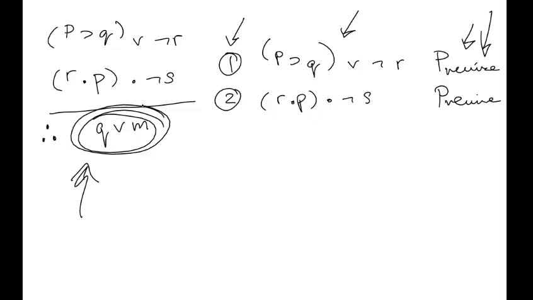So I look at the rules of inference, and the rules of inference, as we saw in that previous video, apply to the main logical operators. So what's the main logical operator in these cases? Well, in the case of the first one, this is the main logical operator, first premise. In the case of the second, this is the main logical operator.